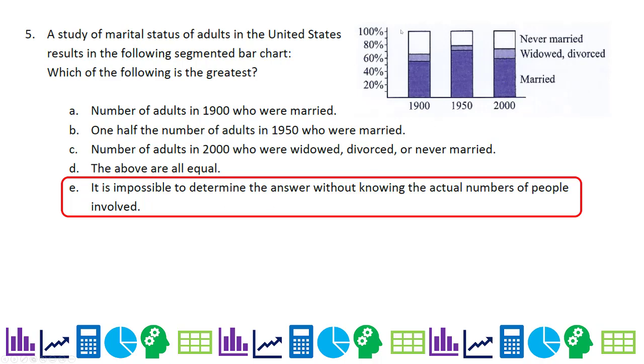And they all look equal because that's a relative frequency. It goes to 100%. But you could have had 1,000 here, 500 there, and 10,000 there, and you don't know. So you cannot compare individual numbers. So it is impossible to determine the answer without knowing the actual numbers of people involved.